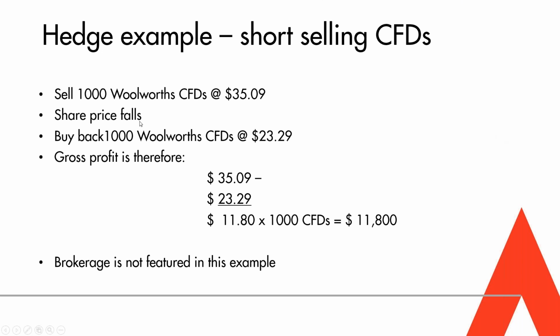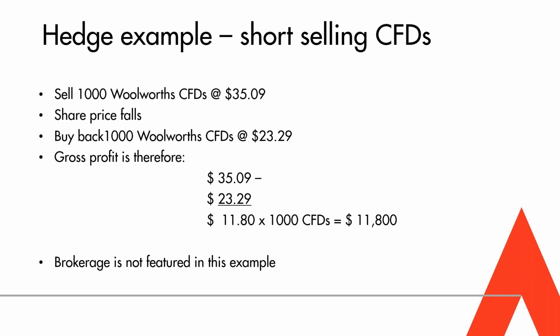The share price in Woolworths did fall, and then we close out the hedge by buying back 1,000 Woolworths CFDs at $23.29. So when we buy the CFDs, we're not actually buying or owning any additional CFDs or shares. It's simply closing out the short position and basically profiting from that downturn.